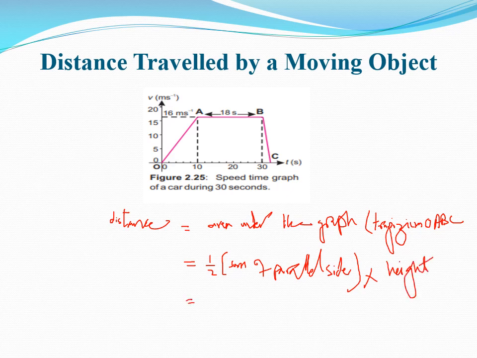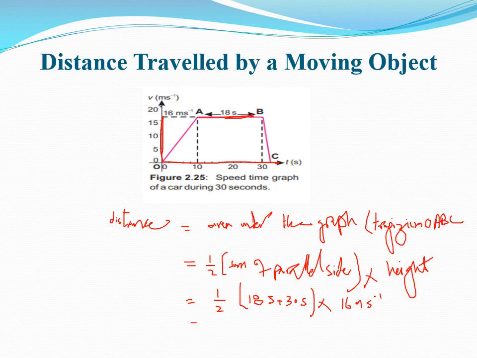So from the graph we see that 1 by 2, and which are the parallel sides? This side AB and this side OC. So 18 seconds plus 30 seconds, multiplied by the height. Height, you know, this is the height, meaning 16 meter per second.